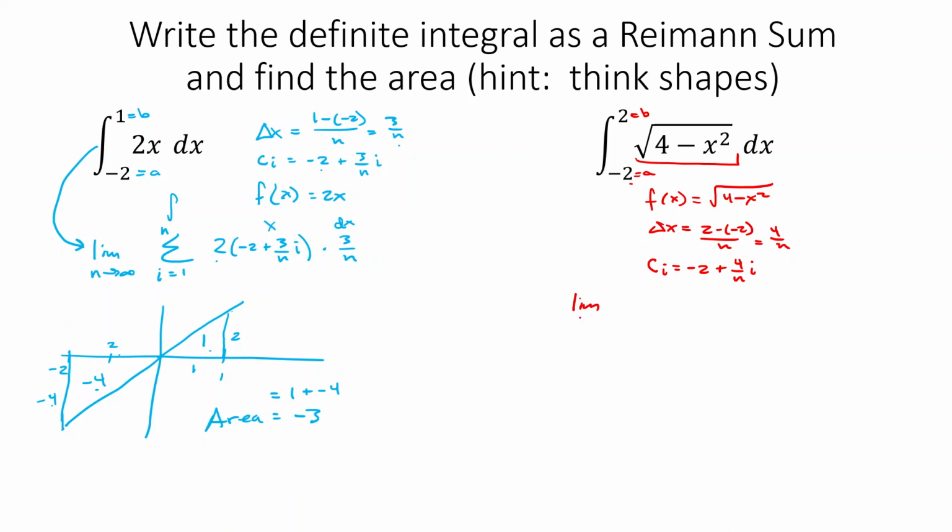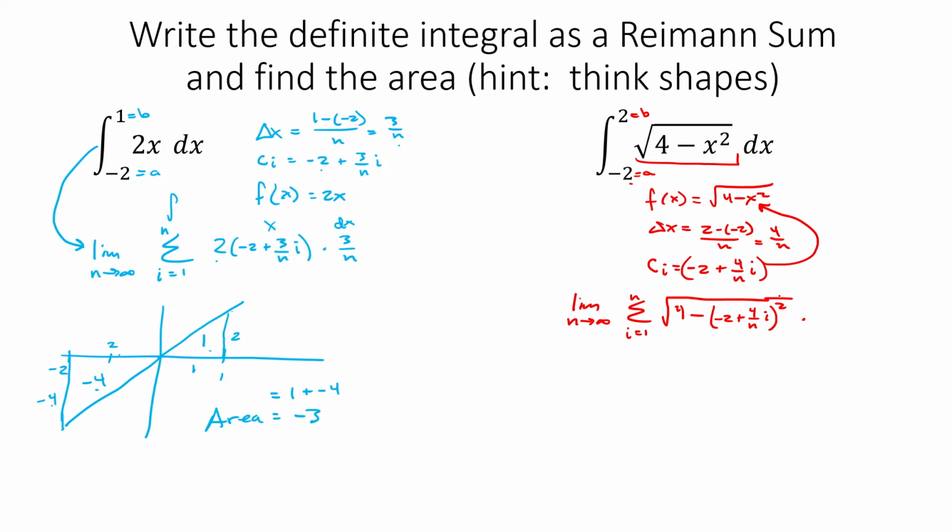So we say the limit as n goes to infinity. We'll just go ahead and start at i equals 1, and we'll go to n. And now we're going to plug this into our f of x. So I'm going to try and do this all in one step here. It's going to be the square root of 4 minus this whole thing, negative 2 plus 4 over n times i, squared.